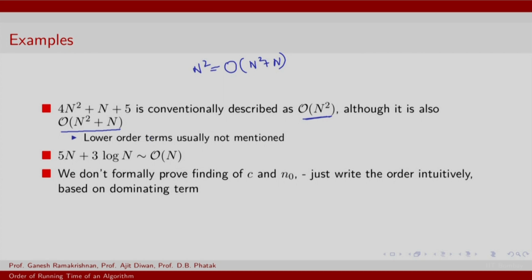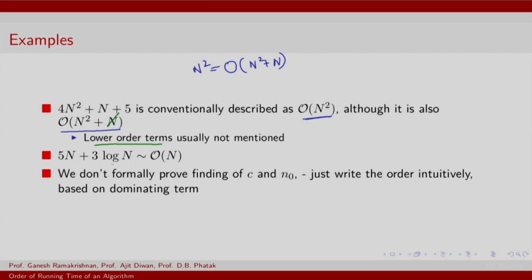But as before, we are interested in the tightest upper bound, and one more hint towards getting to this is to ignore lower order terms. So you typically ignore these lower order terms. Well, of course you are interested in the lower order terms for the original function, but not while stating the order.